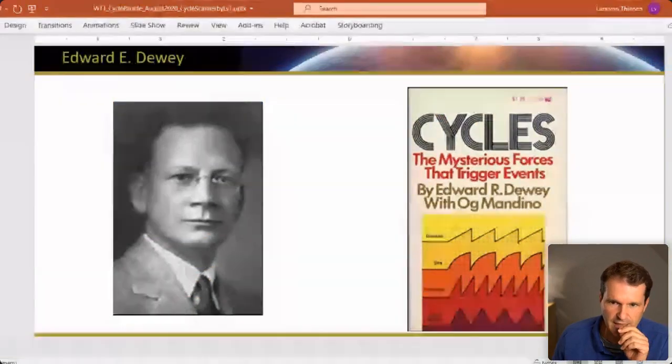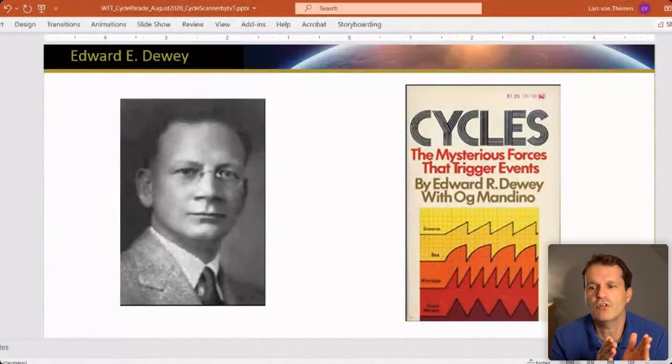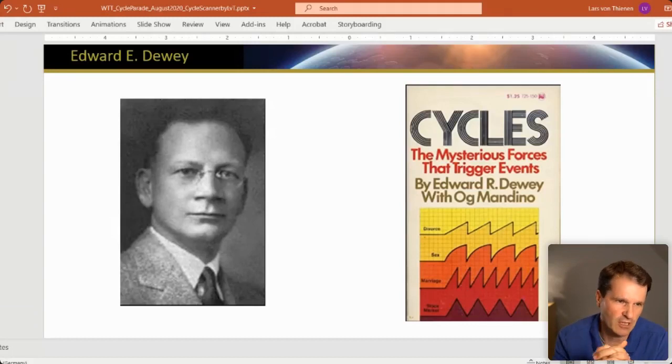Let's start a little bit with Dewey. I just want to remind you of this, as it is one of the main publications on cycles, The Mysterious Forces That Trigger Events. It's hard to get a copy of this publication, but if you see a chance to get this book, it's worth a read.